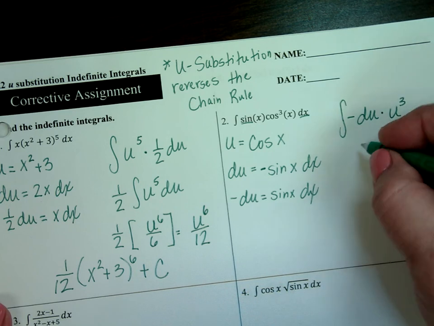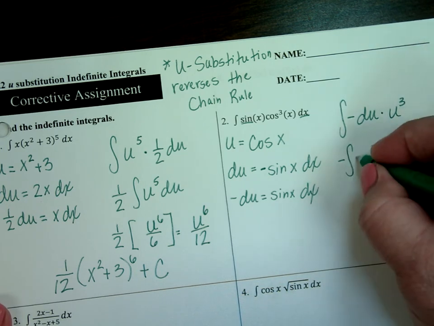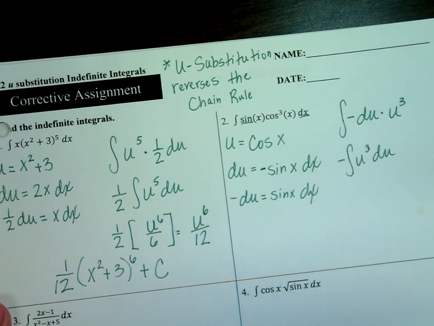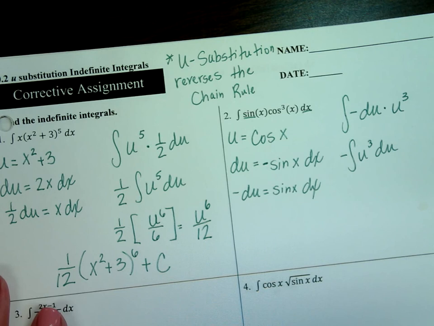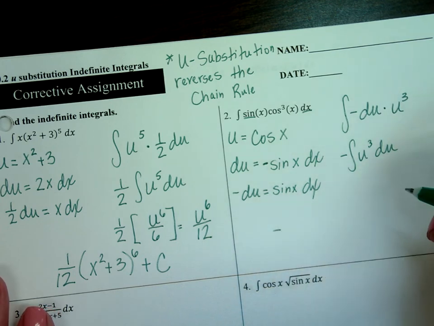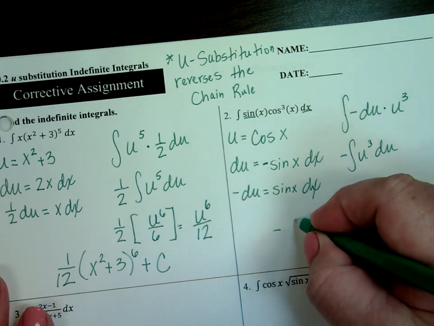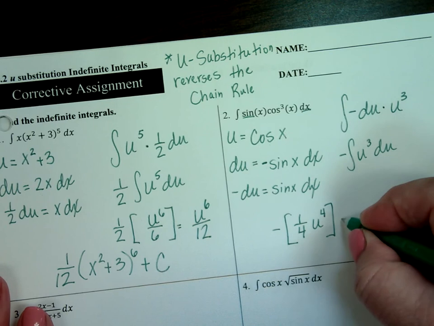First thing to do is take the negative out. And then I have a u cubed du, and that's easier for me to take an integral of. So you take the integral and I'll take the integral and we'll see if we match. See if you can write the answer out.